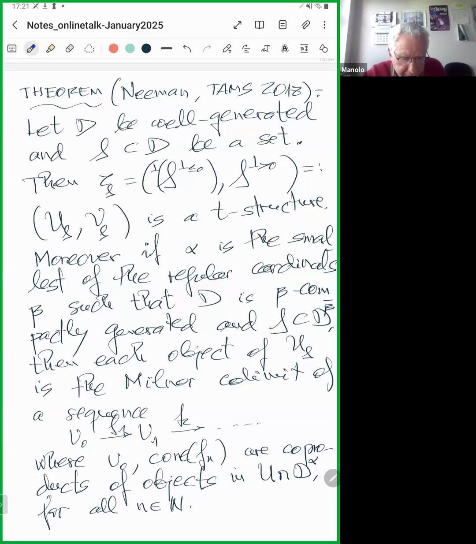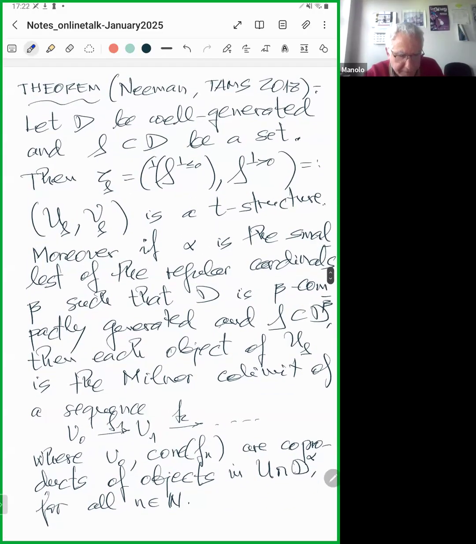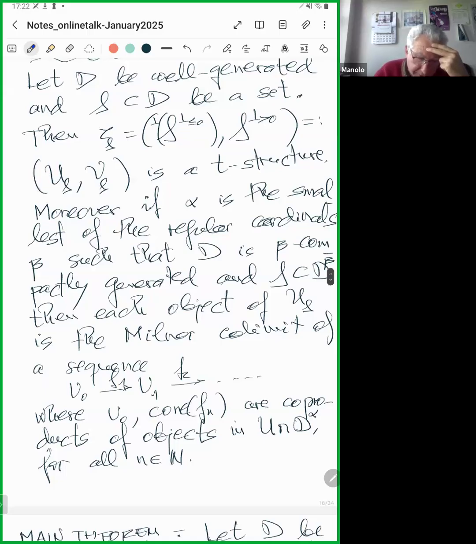But what is important for me is not exactly that result, but that in the paper the following appears: let D be a well-generated triangulated category, and S a set of objects. He proved that there exists the t-structure generated by S, and then you take the smallest of the regular cardinals beta that satisfy two conditions.